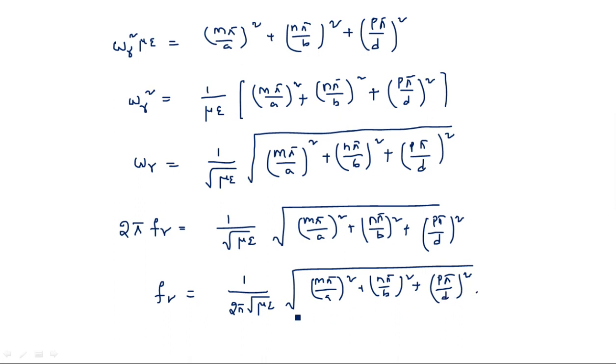Okay, so fr is equal to this one. Now we can just rewrite the equation. 1 by root of mu epsilon, what is this? It is nothing but velocity of the light, where 1 by root mu epsilon is equal to c.